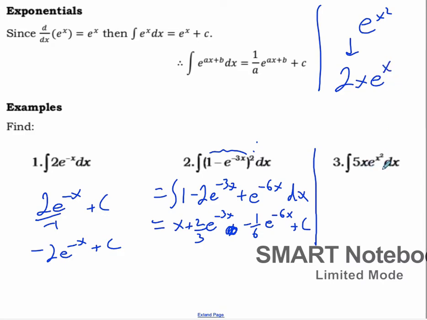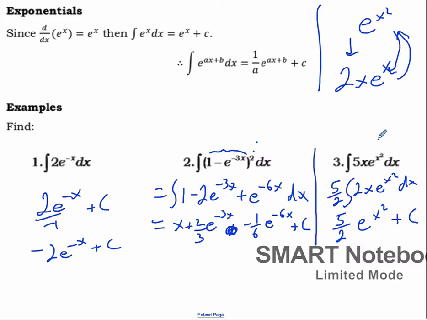So if we had 2x e to the x squared, it'd be pretty easy. We can make this a 2 by writing it as 5 over 2 times the integral of 2x e to the x squared dx. So this answer is 5 over 2 times, because the derivative of this is this, the integral of this is this, so that's going to be times e to the x squared plus c.